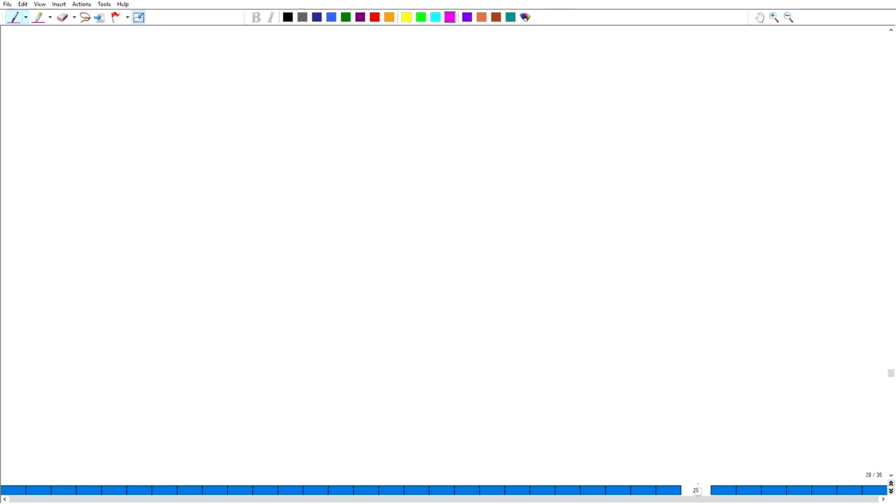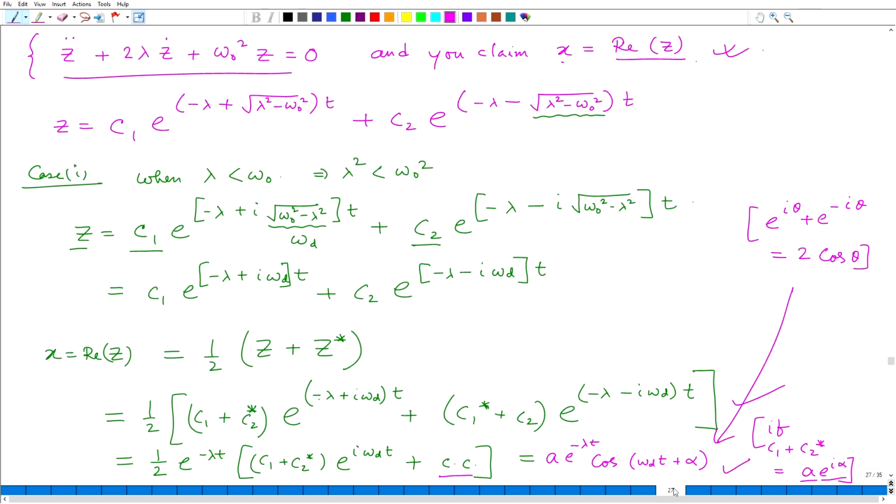If you do this, you see that this is a solution which has a trigonometric oscillatory part, but the amplitude is no longer a constant quantity. The amplitude steadily decreases exponentially with time.